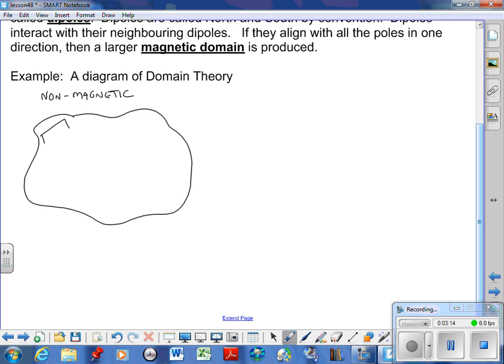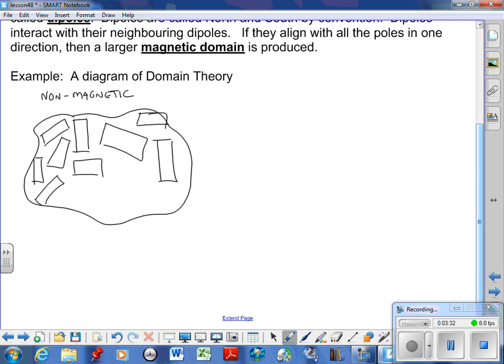We have all of these little dipoles, and for non-magnetic material, they're heading off in every direction. There's no real order. So we've got a little bit of chaos here. This is non-magnetic material.